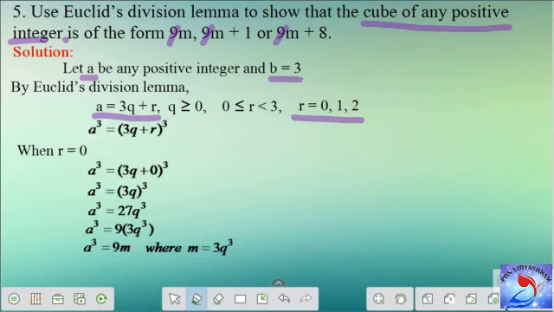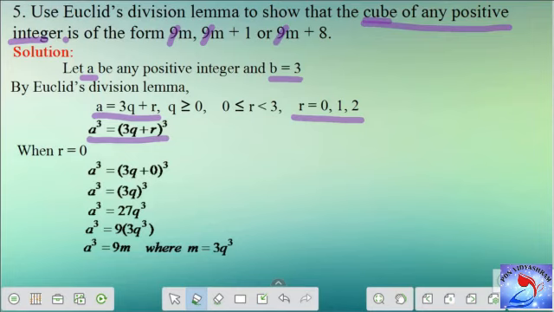We have chosen a as a positive integer and b as 3. By Euclid's division lemma, we have a equal to 3q plus r, where your remainder varies from 0, 1 and 2. Now as we know, we are supposed to find out the cube of any positive integer. So this tells us that we have to find the value of a cube, not just a.